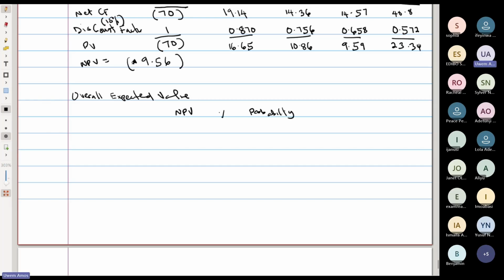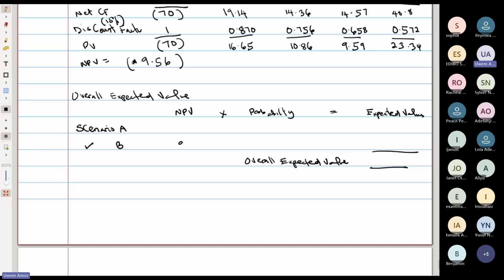So we multiply them and that gives us the expected value for each option. We then sum it up to get our overall expected value. It's as easy as that. 3 marks. All right, so we have 2 scenarios. If we had 3 or 4 scenarios, we'll just line them all up. So scenario A, scenario B.